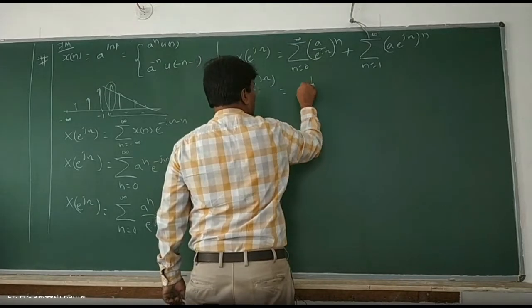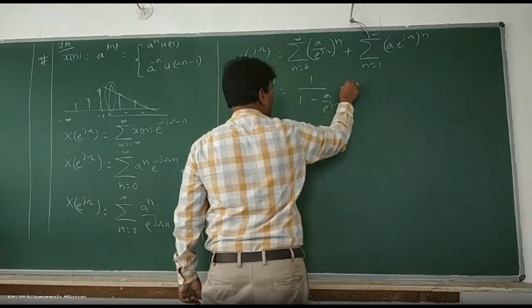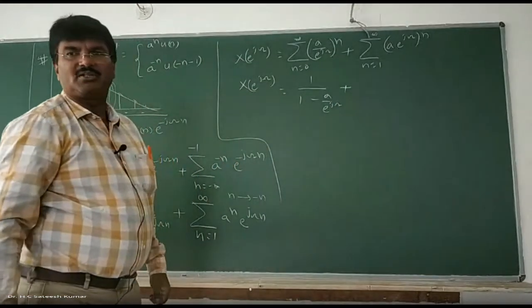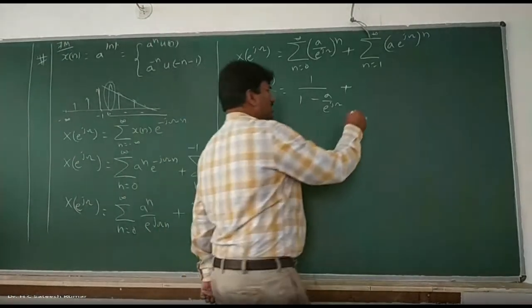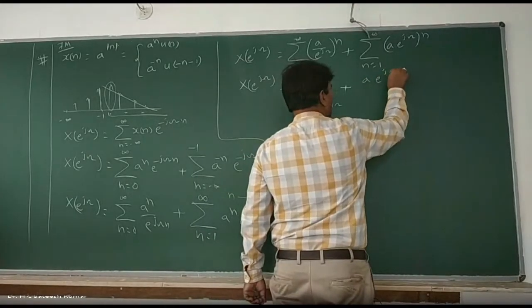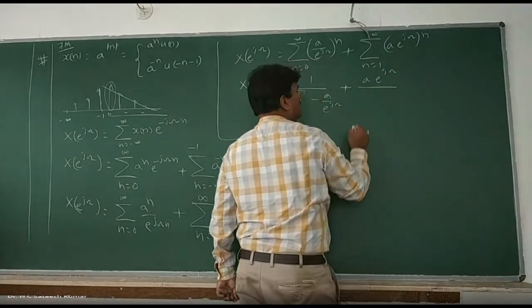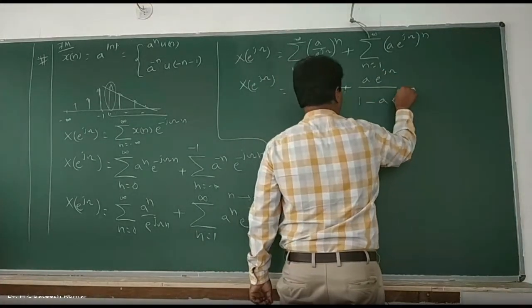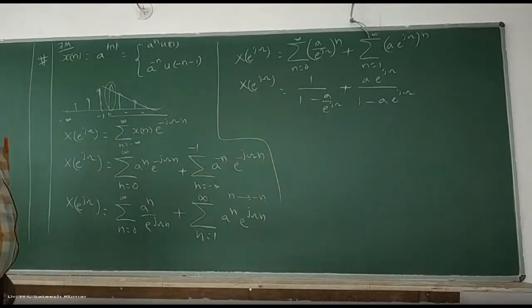So that is 1 divided by 1 minus a divided by e to the power of j omega, plus the summation from k to infinity of a to the power n, which is a to the power k, here a into e to the power of j omega to the power of 1, divided by 1 minus a into e to the power of j omega. Okay, so this is the answer.